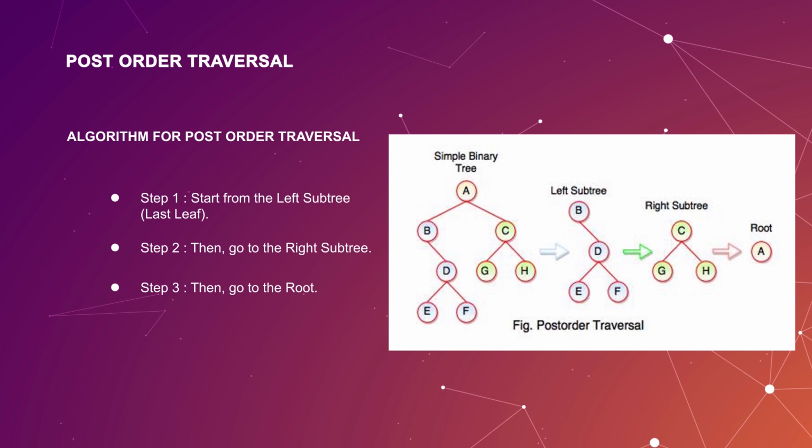First we cover all the items of the left subtree. As I told you, post order is left, right and root. So, before reading B, we have to check the left subtree of B. If there is no child, then move on to the right child, D. Before reading D, we have to cross check whether the left item is available or not.